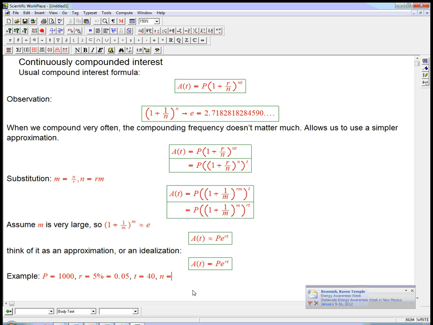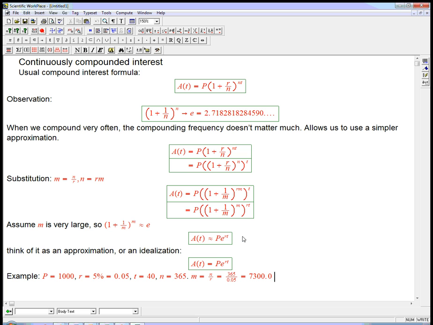Let's say it's compounded daily, 365. Then let's look at what this crucial number n over r is. It was really that needed to be big. So let's just check to make sure that seems like a pretty big number. M is n over r is 365 over 0.05. And so that's equal to 7,300. That's a pretty big number.